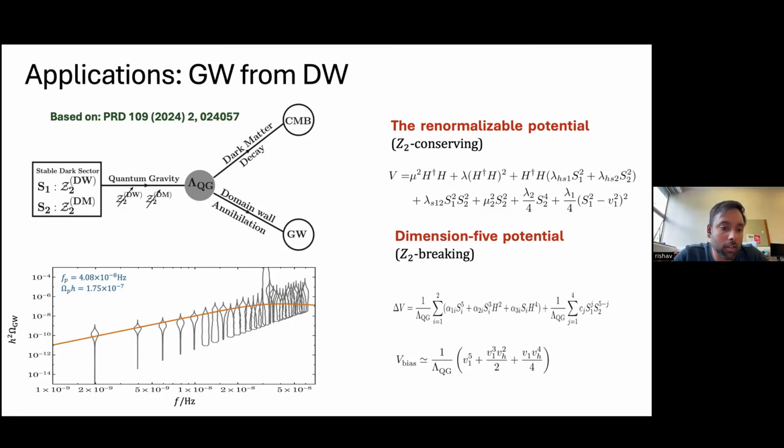You see that for a given choice of lambda, here what we fixed was the self-quartic coupling at 10^-3, and then the vacuum expectation value was around 10^6 GeV. And you see, it actually fits quite well. But depending on the choice of parameter, this can be shifted up and down.